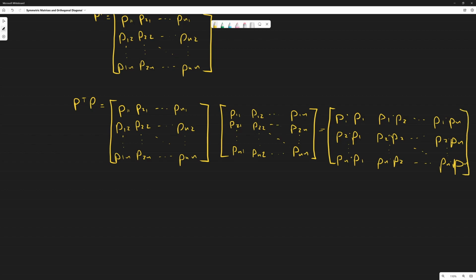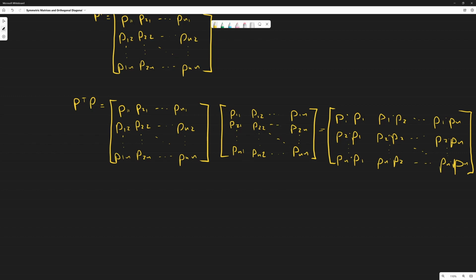And so these are dot products. What are these dot products equal to? We don't know, because we don't know what the column vectors contain. However, we do know that the columns of P form an orthonormal set.